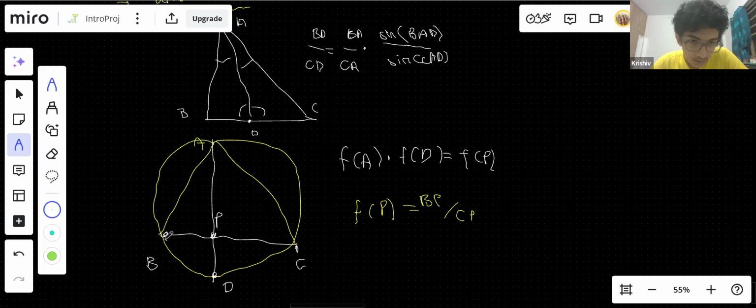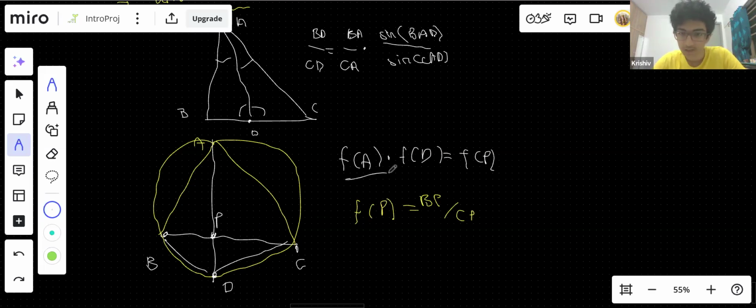So we take this triangle and we get that BP over CP is equal to BD over CD times sine of this angle over sine of this angle, but that's just this over this. So this is just some sine rule things.